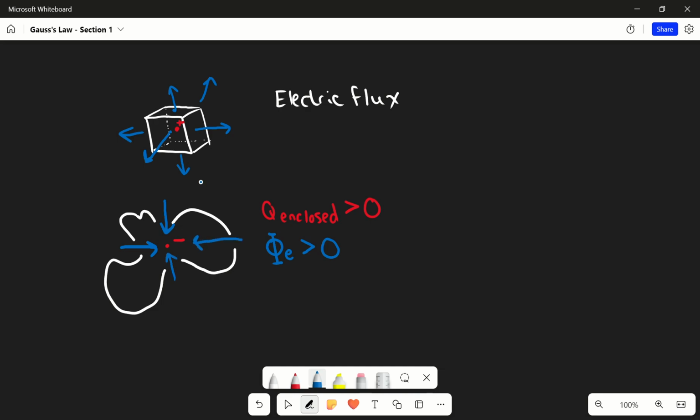Because if you were to put in a positive test particle, it would be attracted to the negative charge inside of here. So overall, the electric field lines should point towards it. So if your enclosed charge, Q enclosed, is less than 0, then your electric flux will also be less than 0.